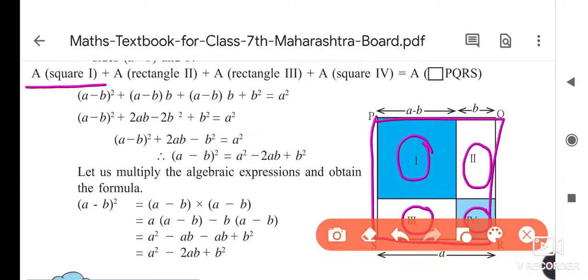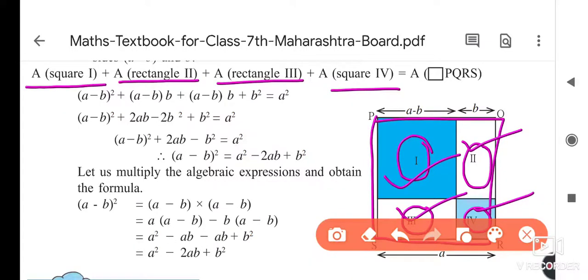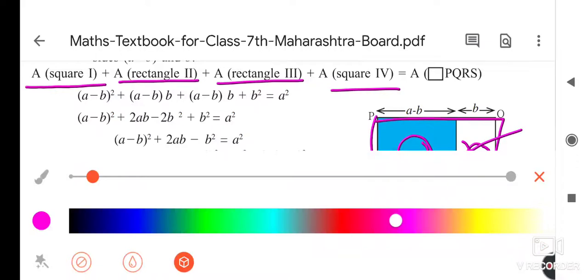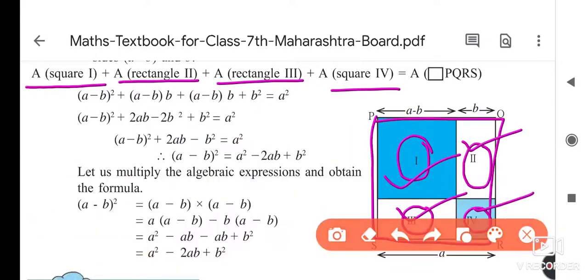If we do the sum of all this, we will get the area of our required square. So we have to do the addition of all these areas, then we will get the area of the square.